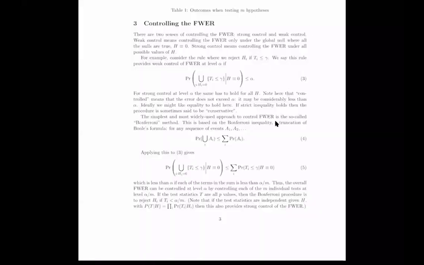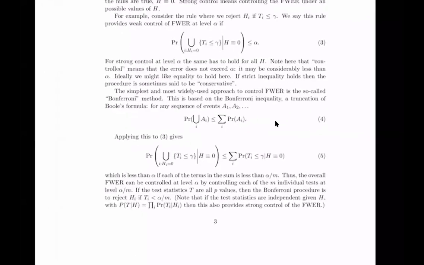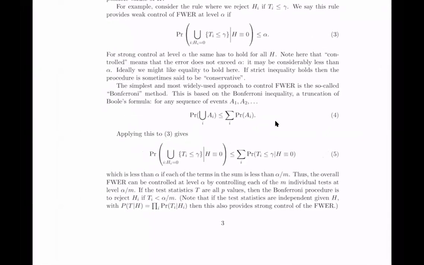So yes, as I was saying, the simple approach to controlling the family-wise error rate is the Bonferroni procedure. You can read it through here, but the key idea is that you control the family-wise error rate, that's the probability of making even one false discovery, at level alpha, which think of as 0.05 for now, by controlling each of the m individual tests at level alpha over m.